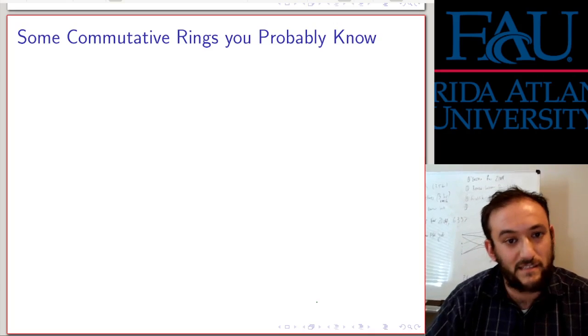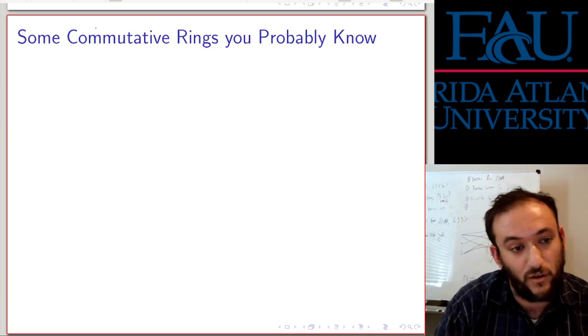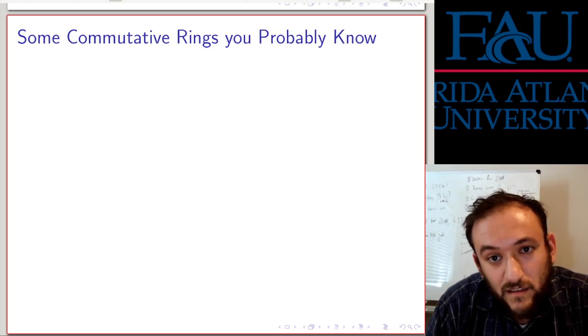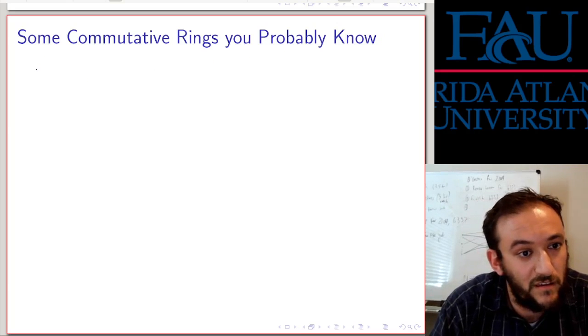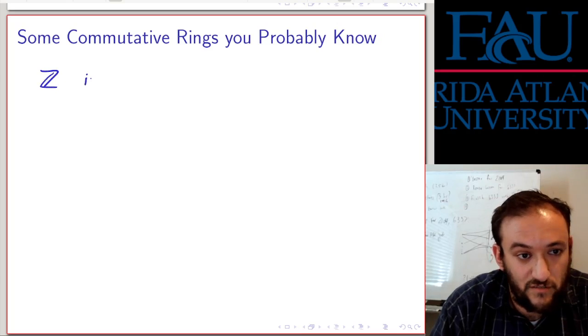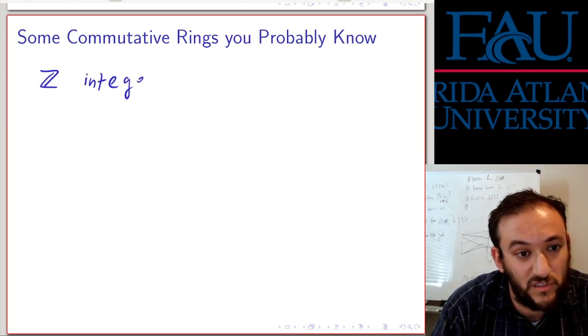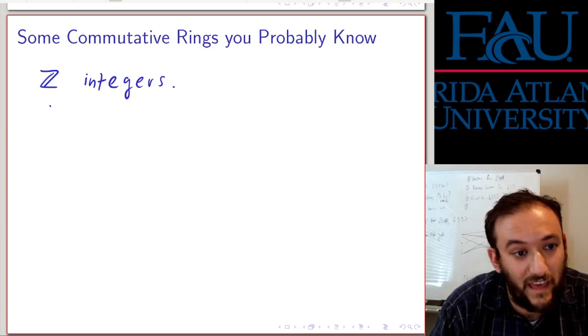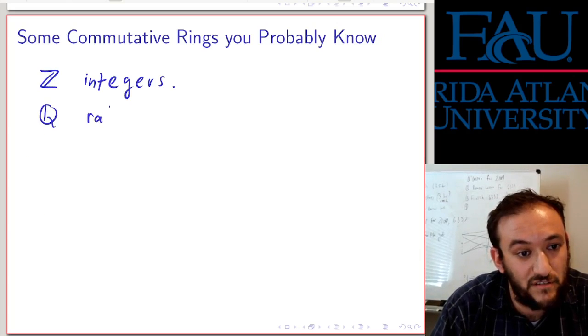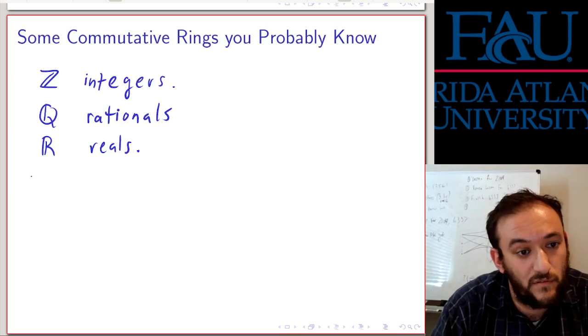What are some commutative rings that you probably know already? Well, we have the integers, with standard addition and multiplication. We have the rationals, the real numbers, complex numbers.